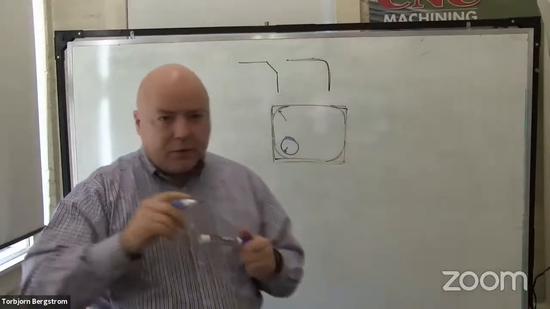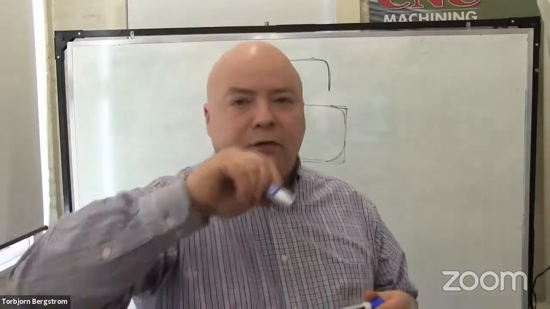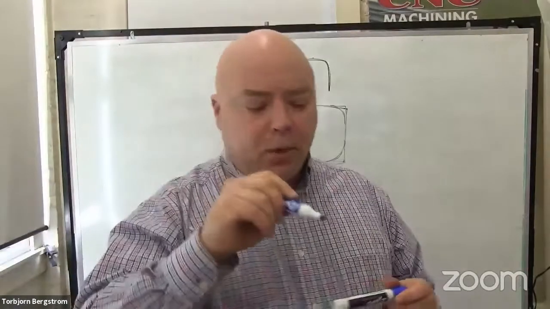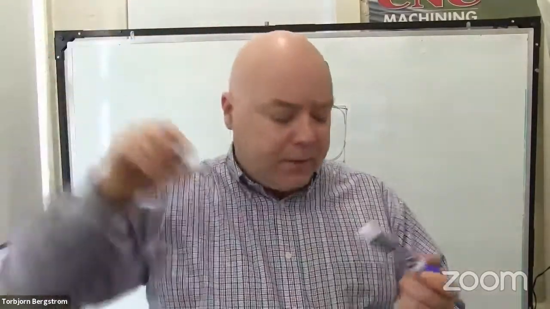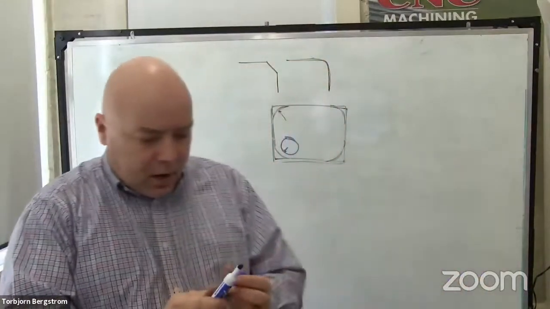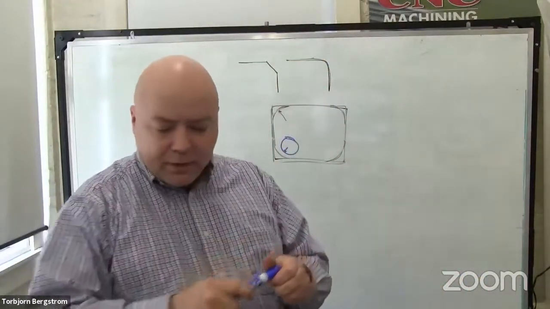That's because we want the tool to be able to feed around the part. We don't want it to jam itself into the corner and stop and then move sideways. All right, so those are some pretty obvious ones.